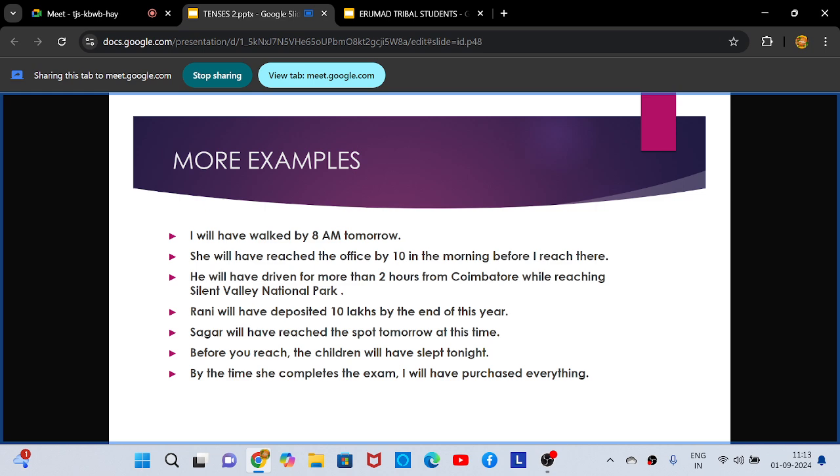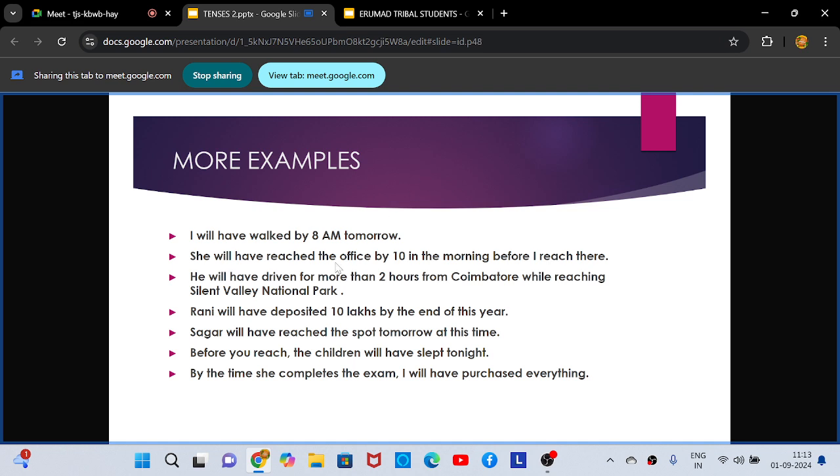Rani will have deposited 10 lakhs by the end of this year. Sagar will have reached the spot tomorrow at this time. Before you reach, the children will have slept tonight. By the time she completes the exam, I will have purchased everything.